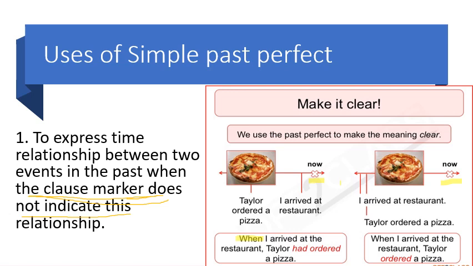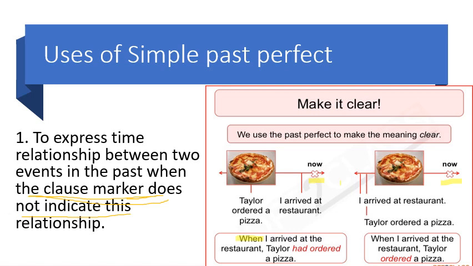Taylor ordered pizza. Both of the two actions are in the past and they are both before the picture of the pizza. When I arrived at the restaurant, Taylor ordered pizza. This shows that the moment when he arrived at the restaurant, he ordered the pizza.